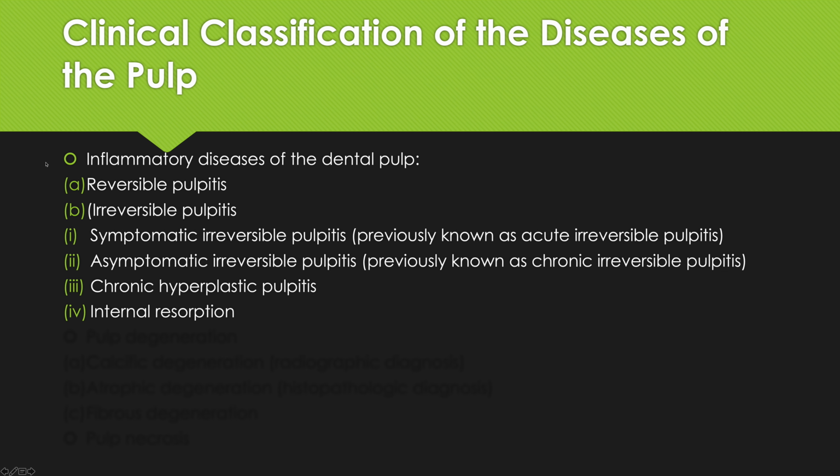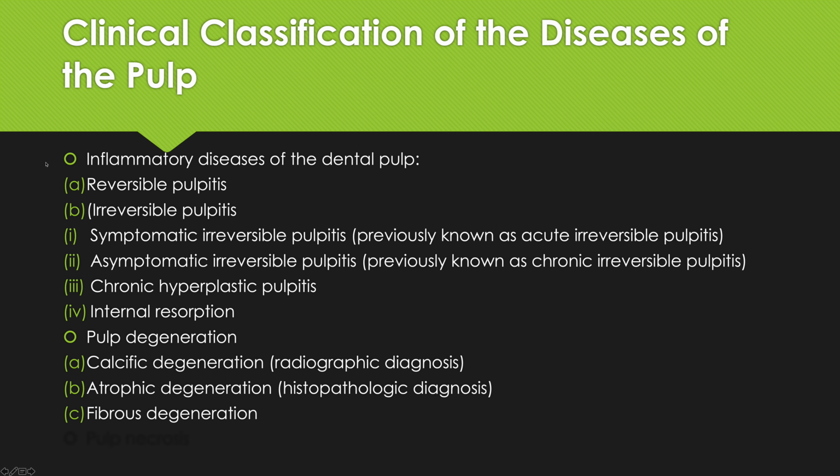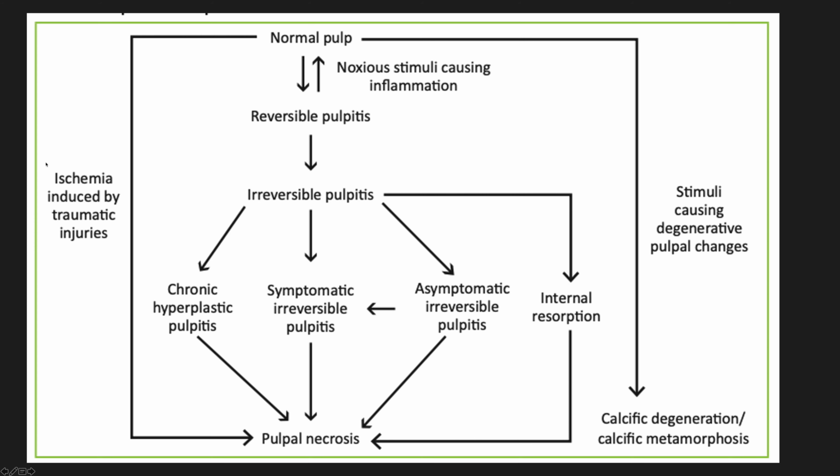We have asymptomatic irreversible pulpitis, also called chronic irreversible pulpitis. We have chronic hyperplastic pulpitis and internal resorption. Then we have pulp degeneration, which is calcific degeneration, atrophic degeneration, and fibrous degeneration. And lastly, we have pulp necrosis. We will be going over these in detail in the coming slides.